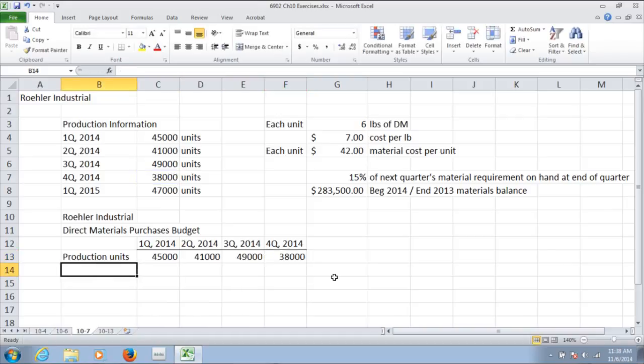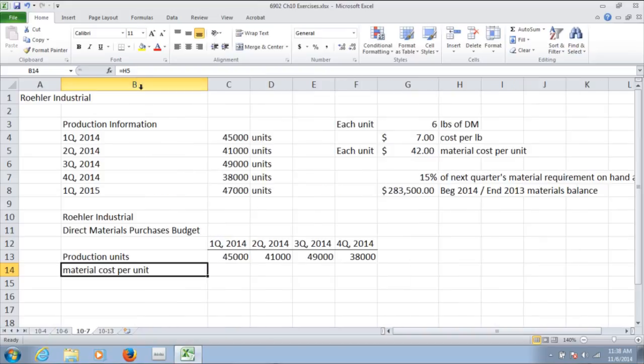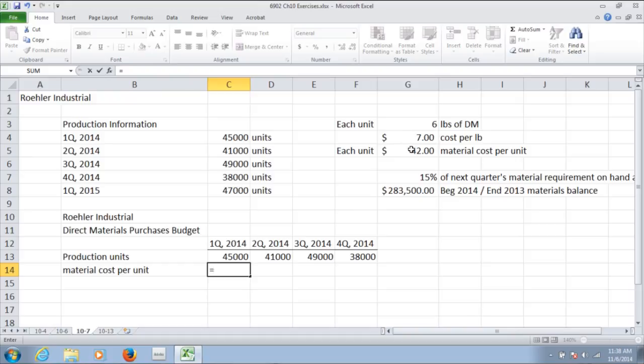So now we'll have our material cost per unit we can put in this table. And if we do that, then I guess we'll have to widen that a bit. And so what I'll do is put this dollar amount in here, lock that, and then copy this over.